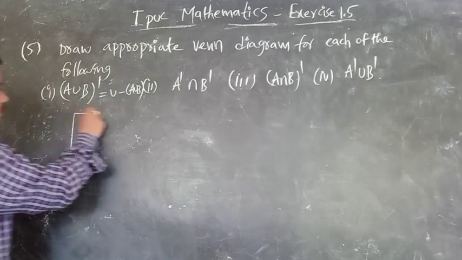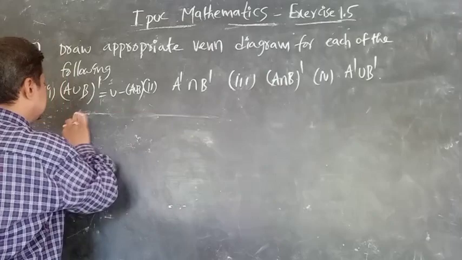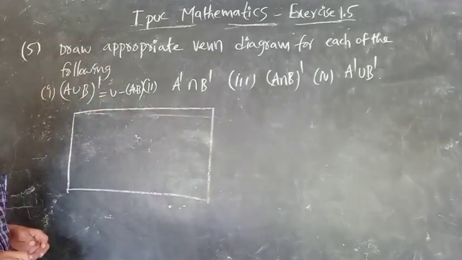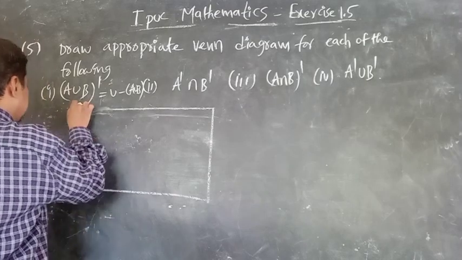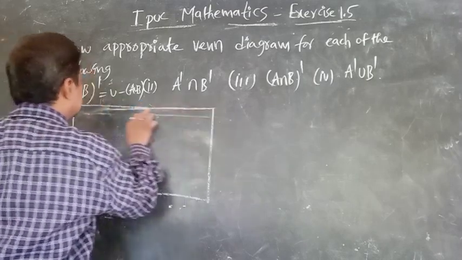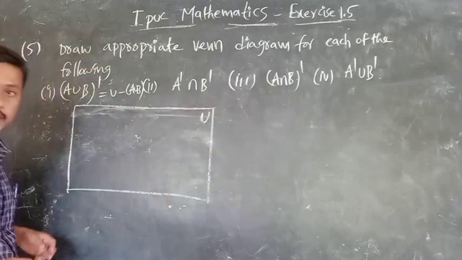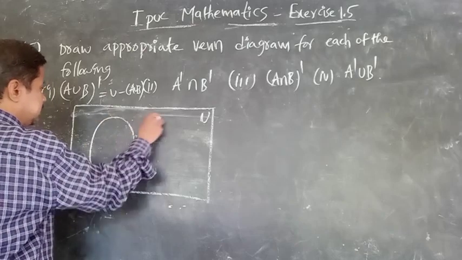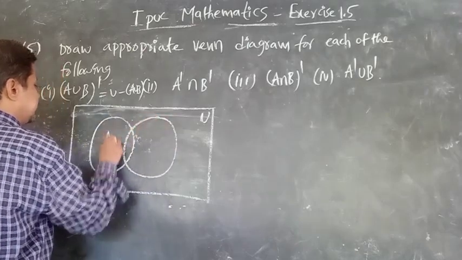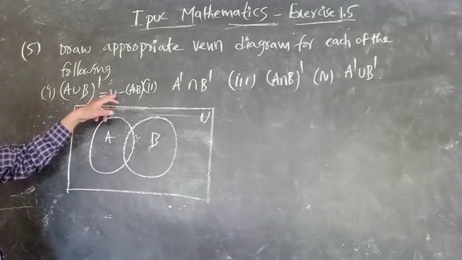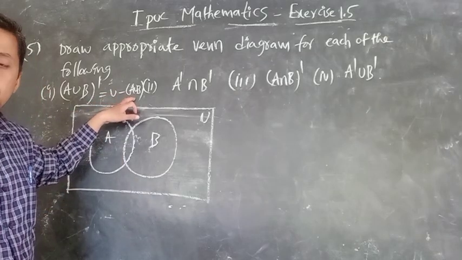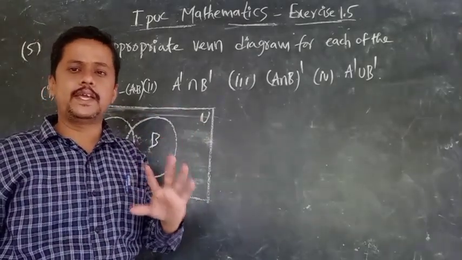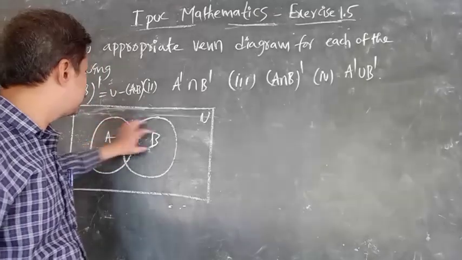So let us consider this is U, the universal set, and this is set A and this is set B. U minus A union B means we have to shade the universal set except A union B. What is A union B? This is the total.